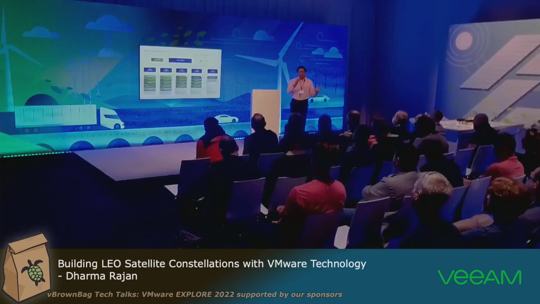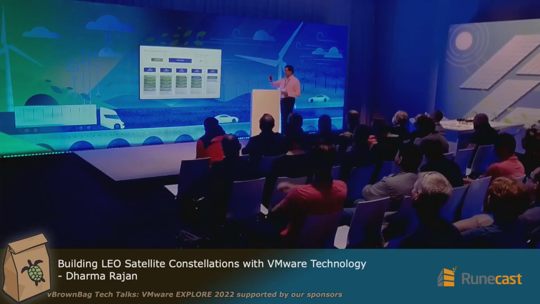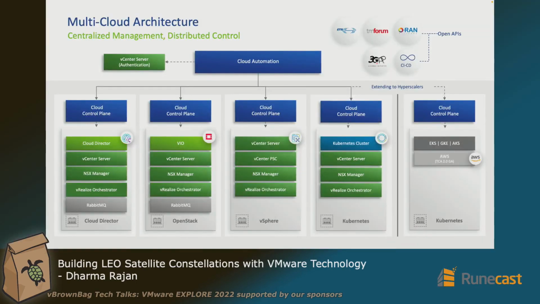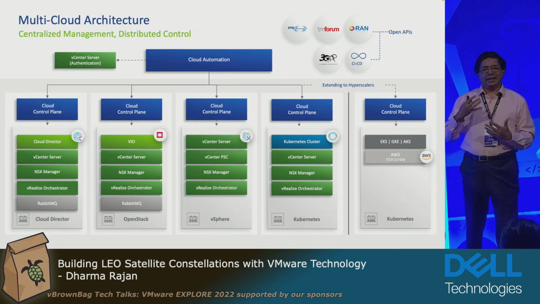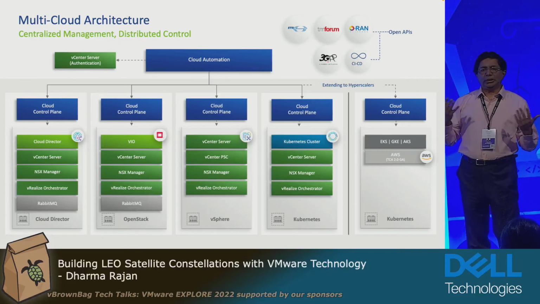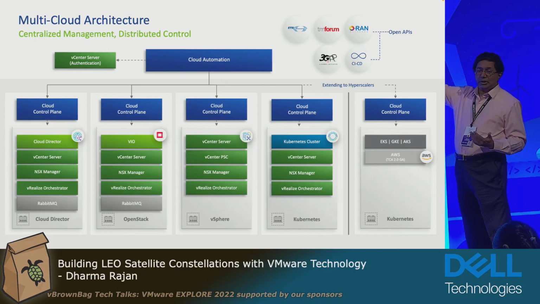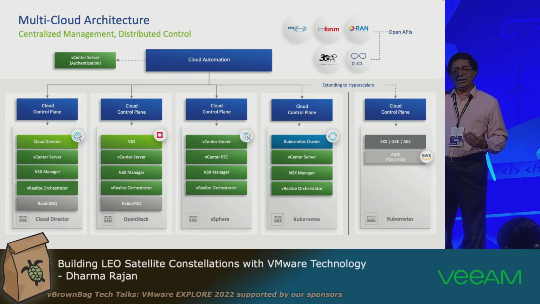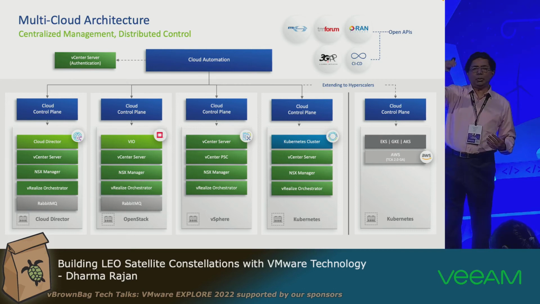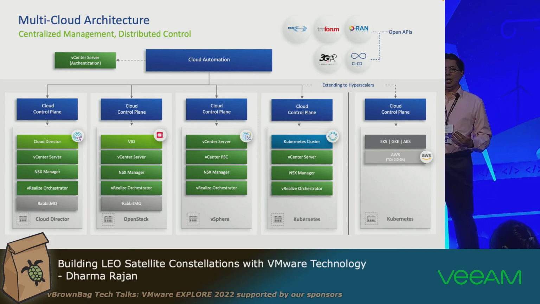Now, at the same time, whichever you build it, you can also connect it to a public cloud, if that is what you want. So this is where all the open specifications play a role. Because we are aligned to ETSI, TM Forum, O-RAN and all of that, we provide standard APIs and SDKs. And from the automation layer, at the time of instantiation itself, you can say deploy this on this edge, or in this private cloud, or in this public cloud.